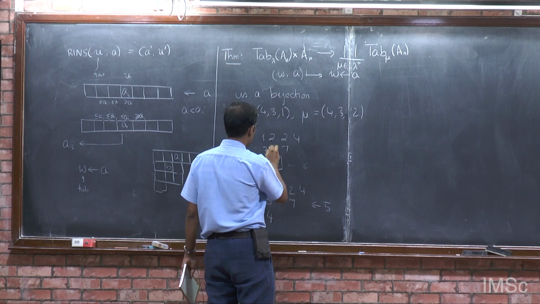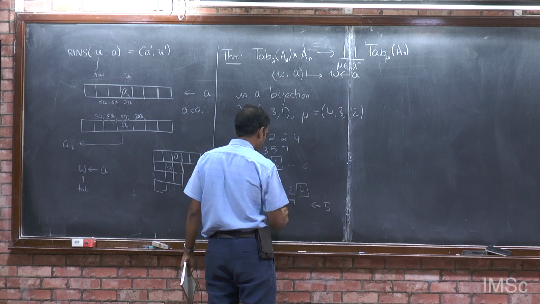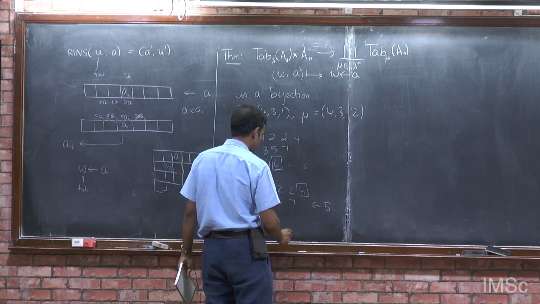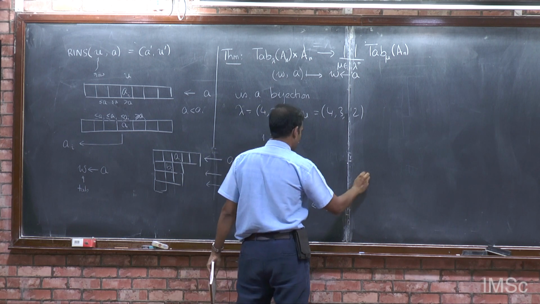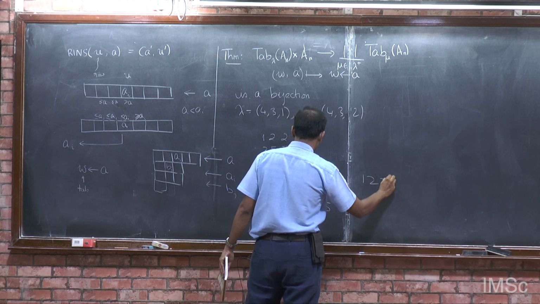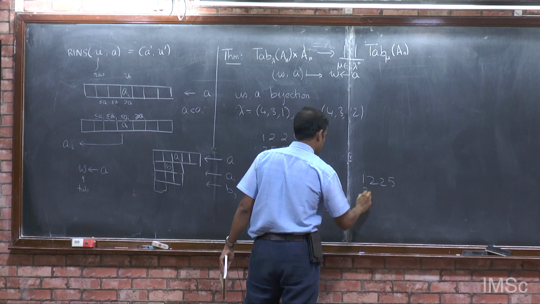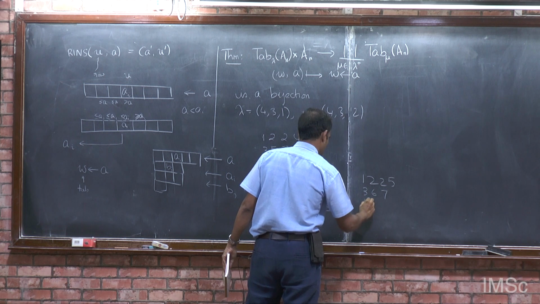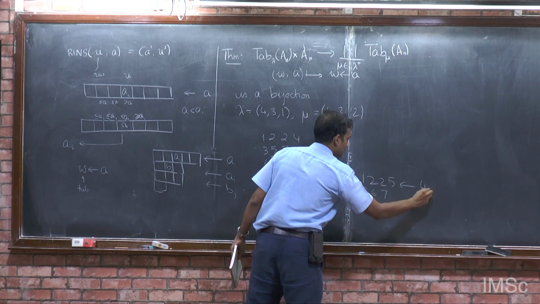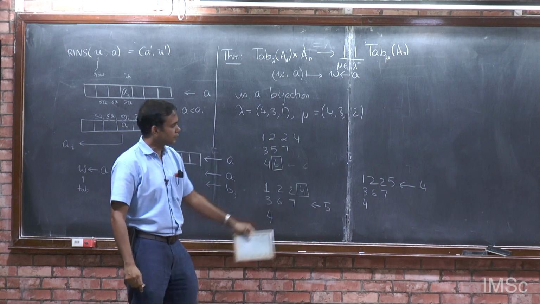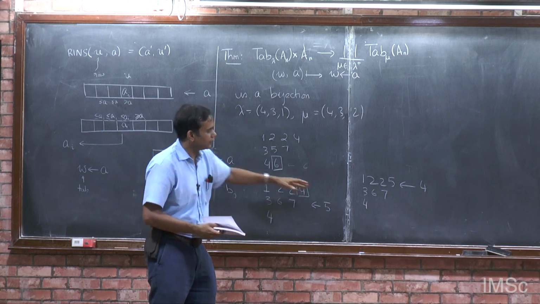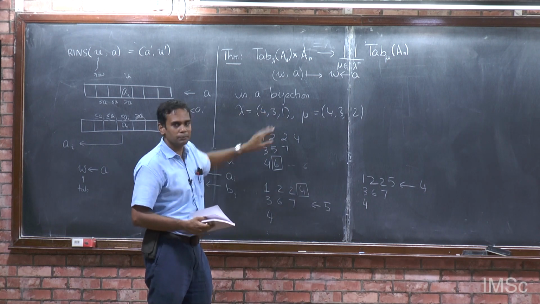So, this 4 bumped out the 5, and so I would have 1, 2, 2, 5, 3, 6, 7, 4. This is what happened. So, the entire process is completely reversible, and so this is a bijection.